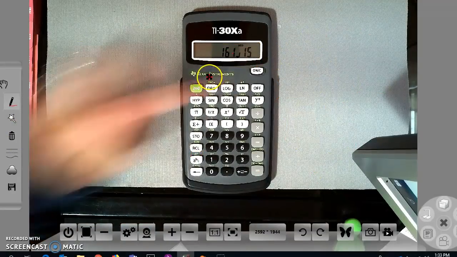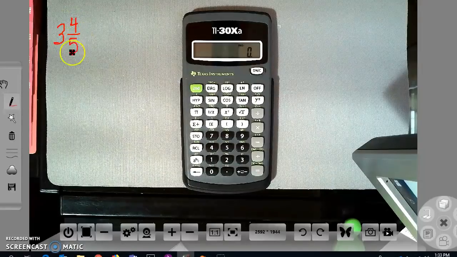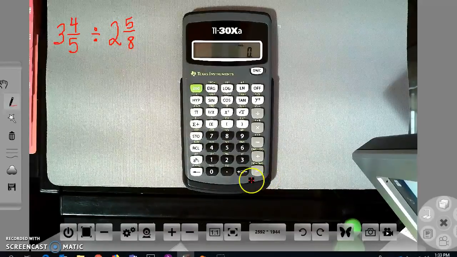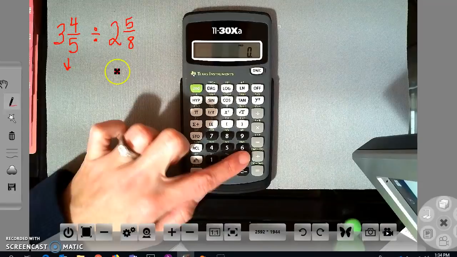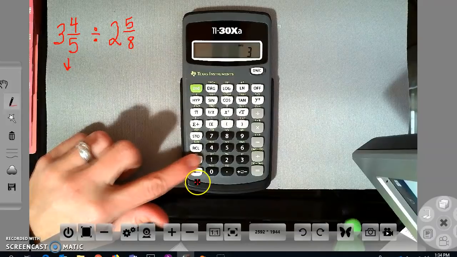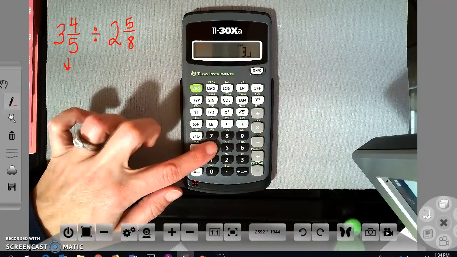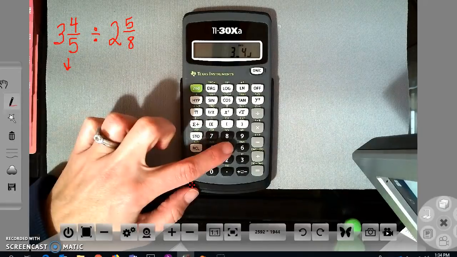So let's try a division. We are going to do 3 4/5 divided by 2 5/8. Since these are mixed numbers, we would do 3, press your fraction button, press your numerator, your fraction button, and the denominator.